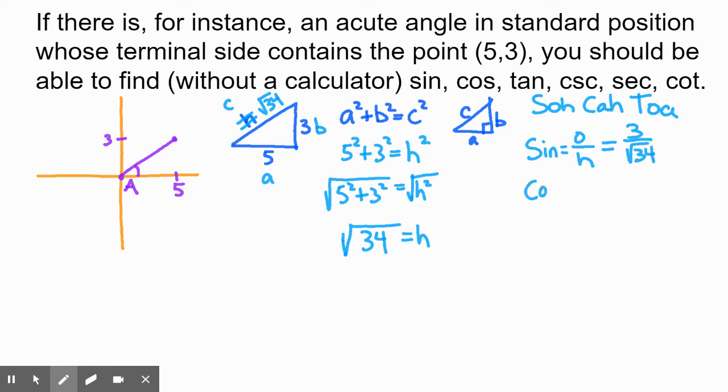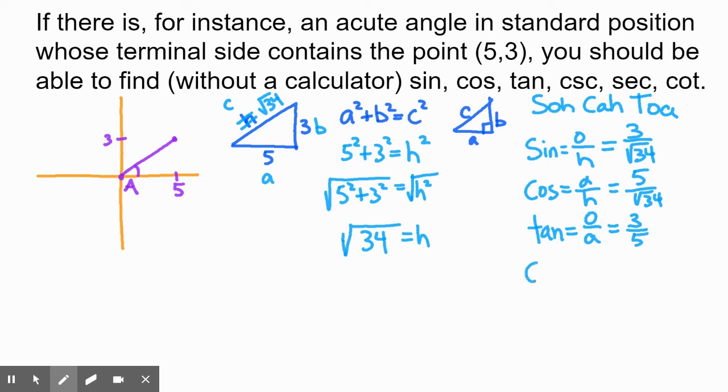The cosine equals the adjacent over the hypotenuse, so that's going to equal 5 over the square root of 34. The tangent equals the opposite over the adjacent, so that's going to equal 3 over 5.